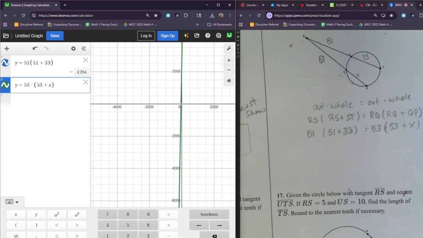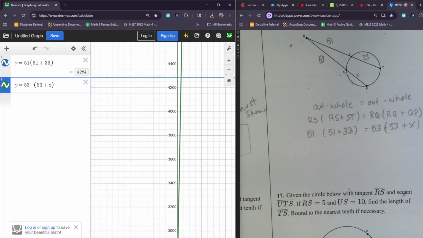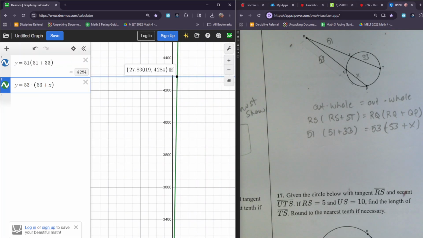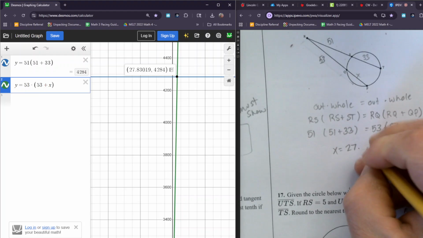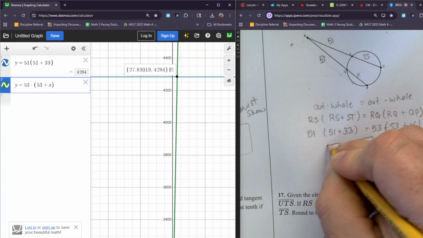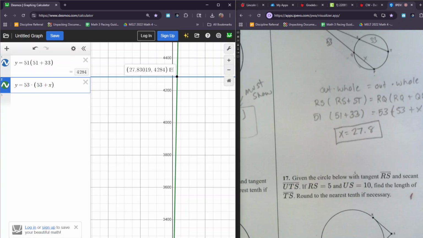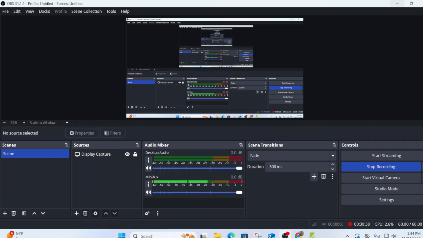So this is going to be 27.8. That's the nearest tenth. You gotta put that in the Desmos.